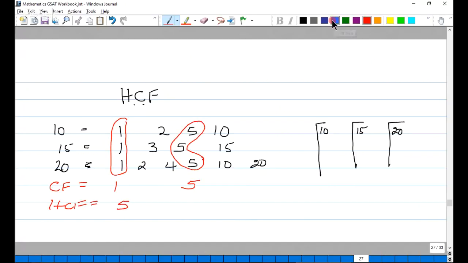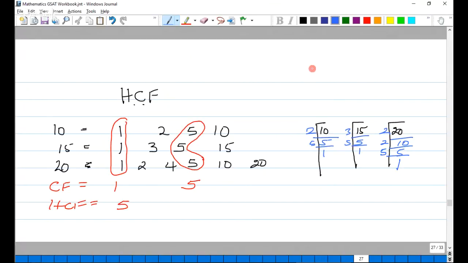Let's do this another way now. 2 into 10, 5. 5 into 5, 1. 3 into 15, 5. 5 into 5, 1. 2 into 20, 10. 2 into 10, 5. And 5 into 5, 1.